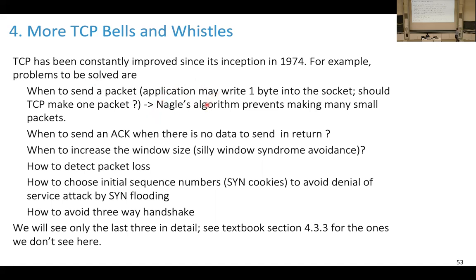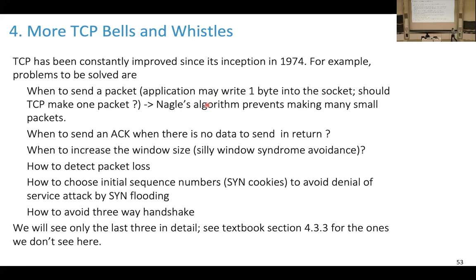The Nagle algorithm will prevent many small packets. This is how it works. First, it will create a packet with only 1 byte of information. It will send it to the destination. But if it doesn't receive any acknowledgement, instead of sending another packet of 1 byte, it will wait until having, for example, half of the maximum packet size.